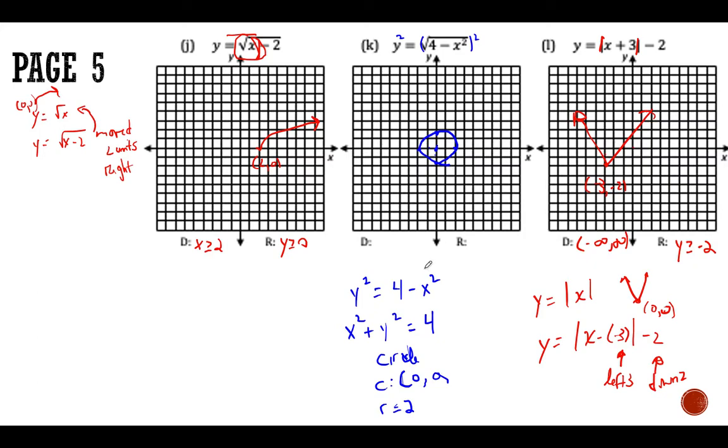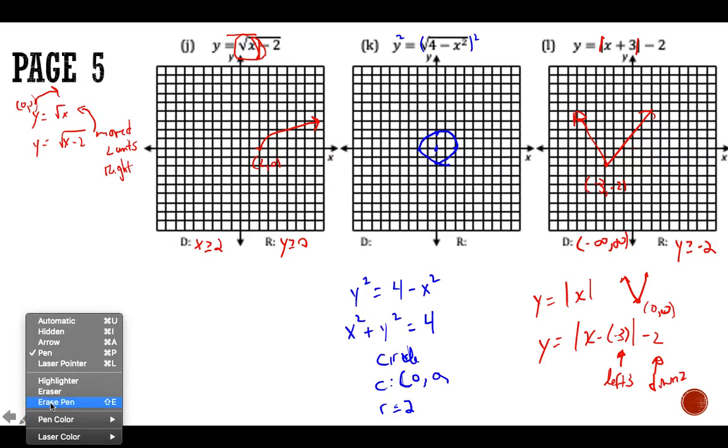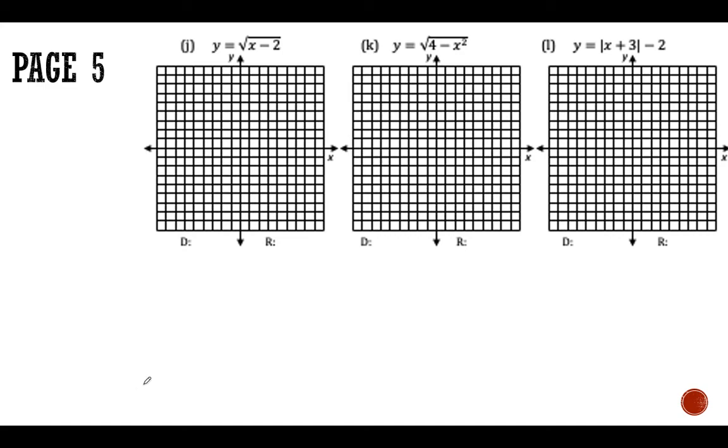Okay, that is not the graph I was given. Oh, sugar. Didn't want to erase the whole thing, gosh darn it. Remember, I took this equation and I manipulated it, and I got x squared plus y squared is equal to 4 as a center of 0, 0, radiates out 2, 2, 2, and 2.